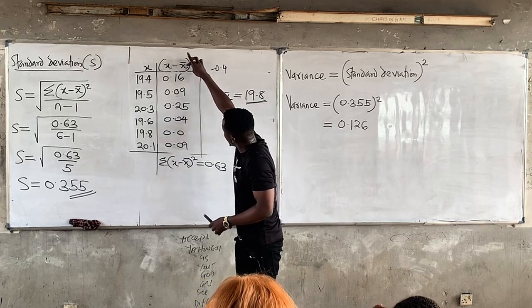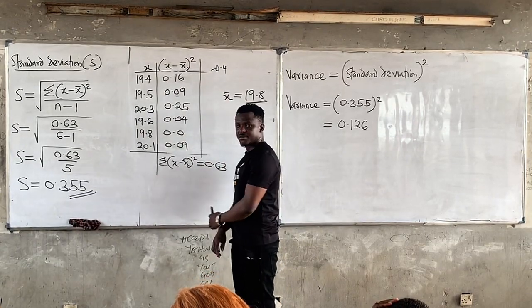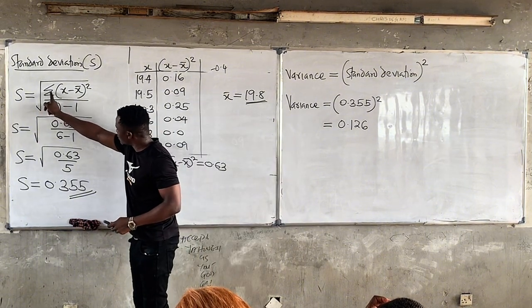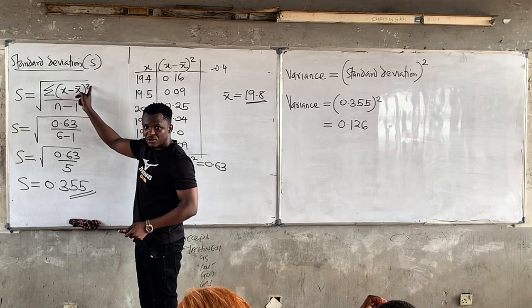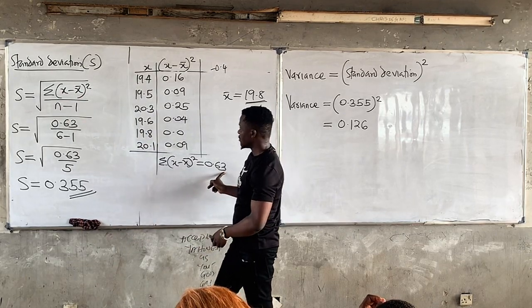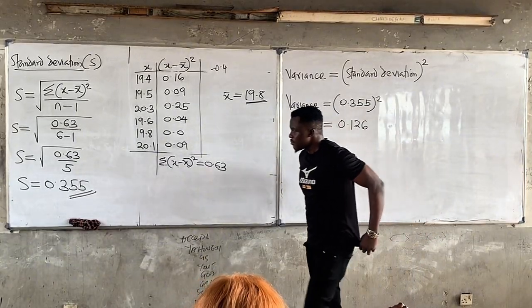So you're solving everything you have here. So this formula now has summation of x minus x bar squared. So this numerator is just going to be 0.63. Understand? Alright, so that's it for variance.